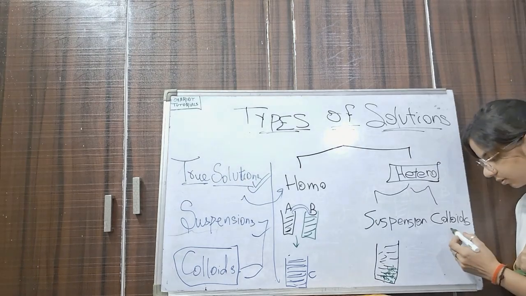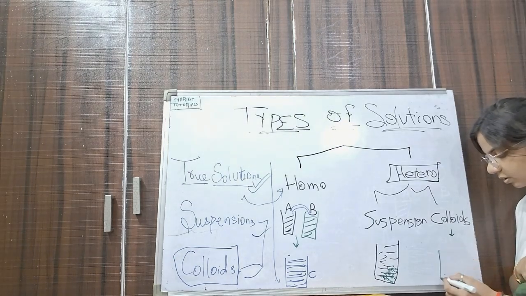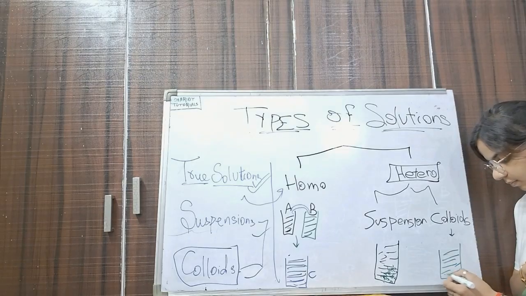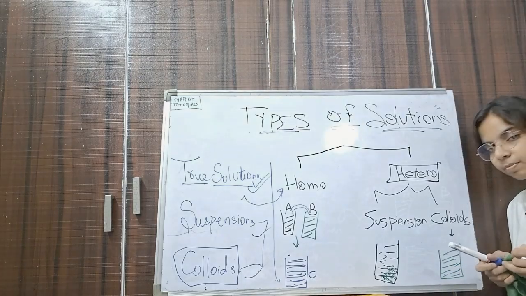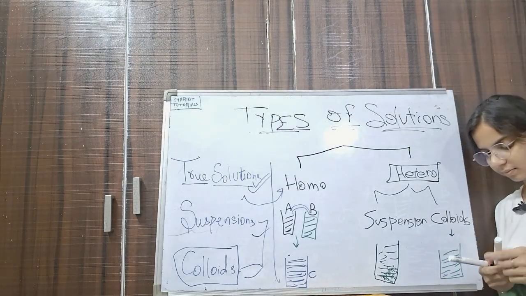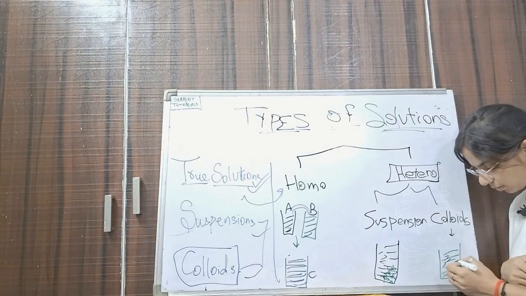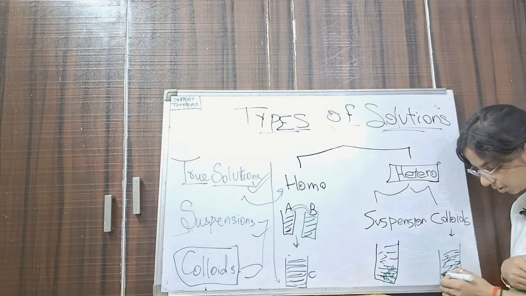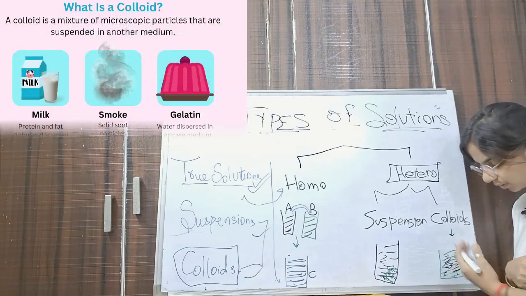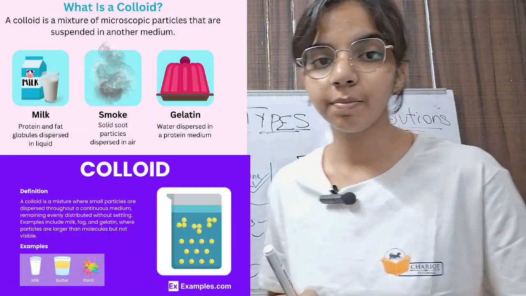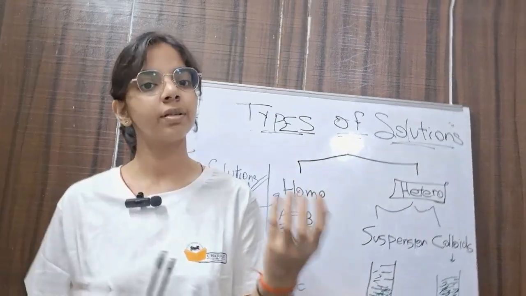Now what is colloid? In colloid, you can identify the particles, but they will not settle down at the bottom. They will keep on moving, roaming in the solution.